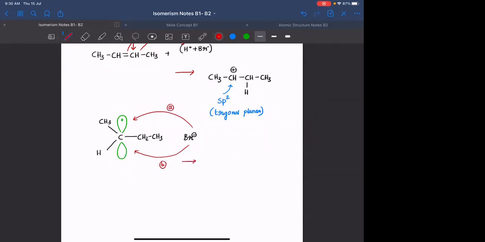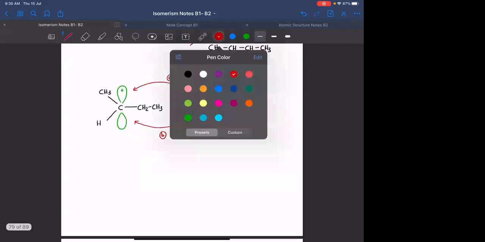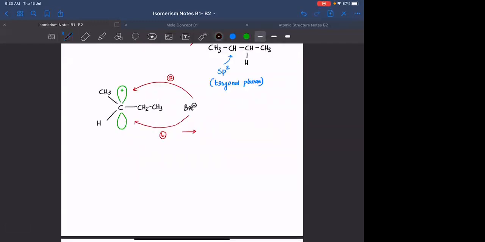What will be the products if you are having? इसको थोड़ा इस तरीके से दिखाते हैं. Let us show this as, okay. That CH3 is going into the plane and the hydrogen is coming out of the plane.